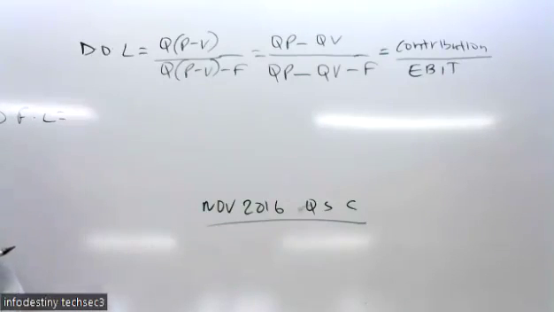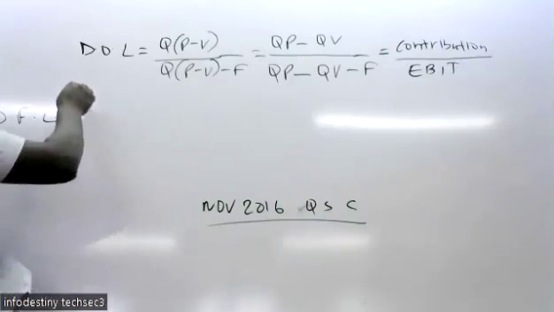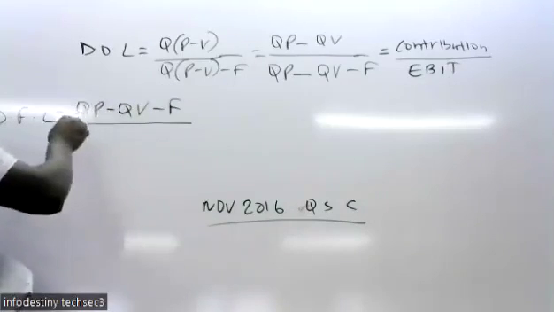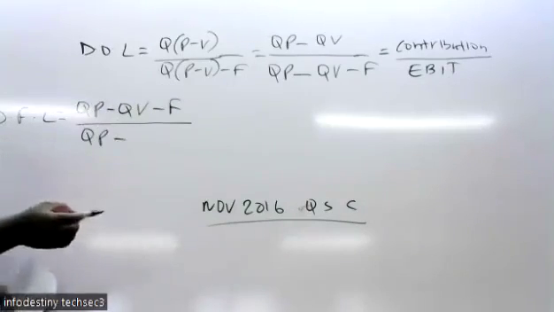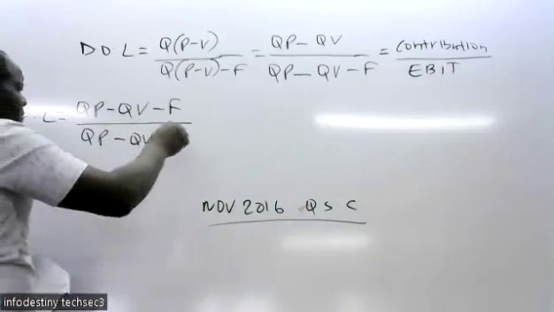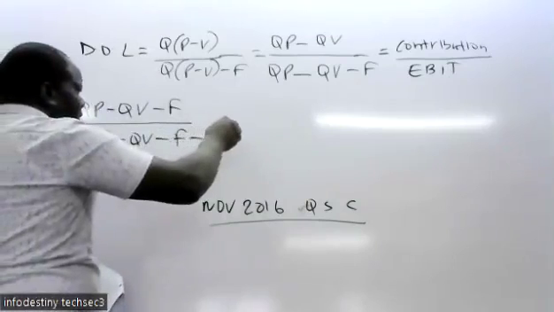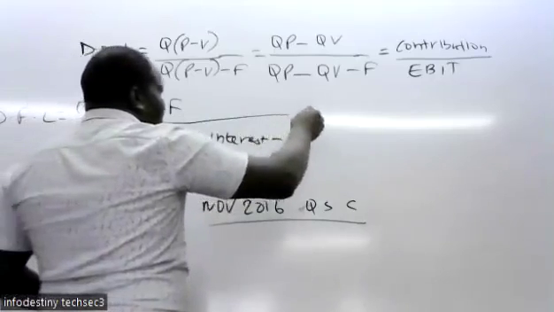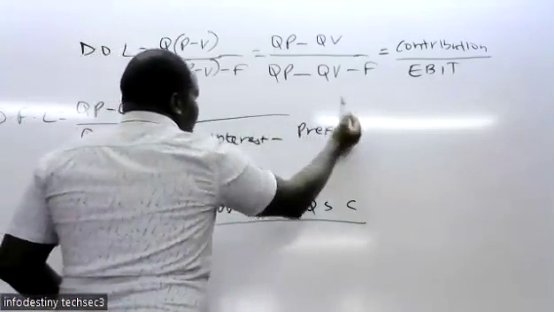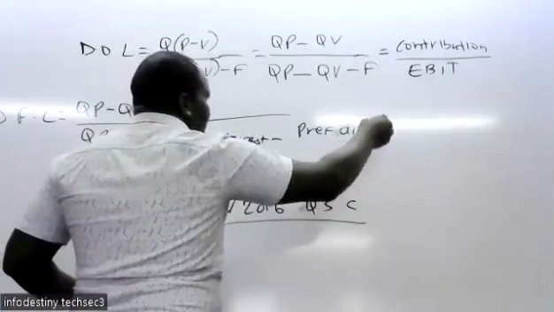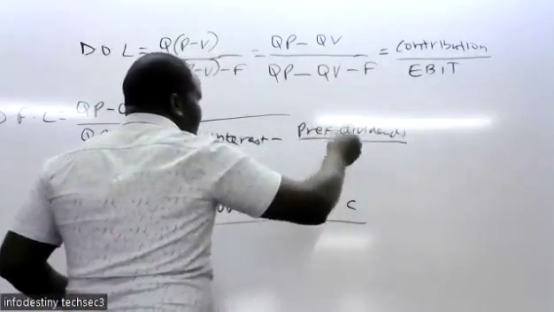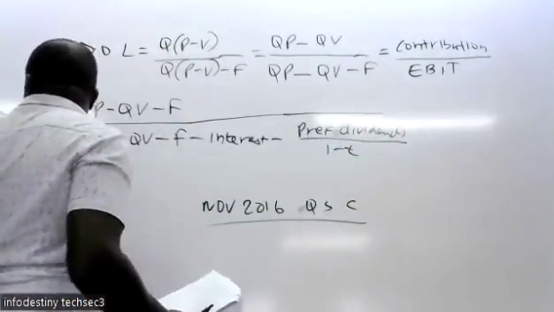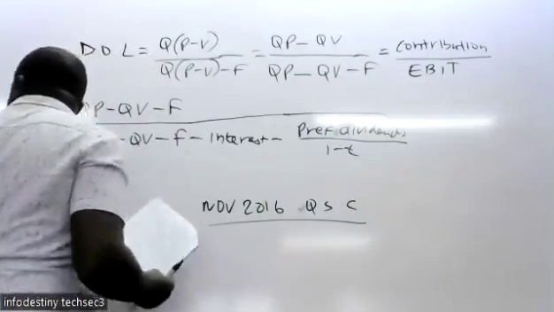The degree of financial leverage was also meant to be QP minus QB minus F. Also QP, I've just opened the brackets, QB minus F, subtract interest, then also subtract the preference dividends, then you divide by 1 minus the tax rate.